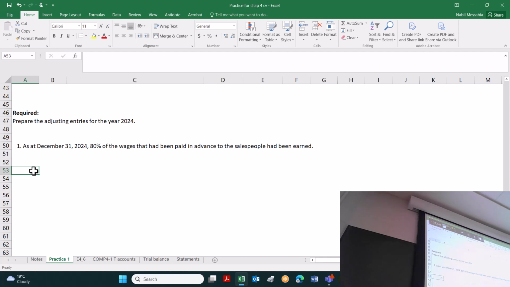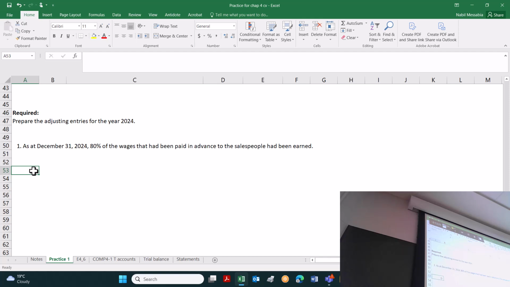The day we paid this advance, was there any revenue or expense recorded on that day? When the advance was paid to the employees and we recognized it in the journal entry, was there any salary expense? No, it was an advance. You recognize the salary expense if the job is done, and the job was not yet done.